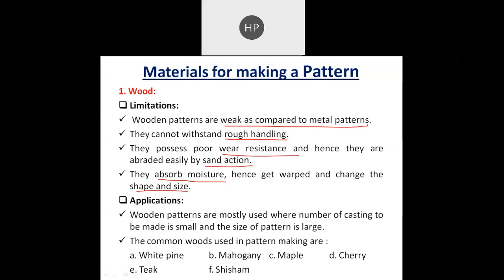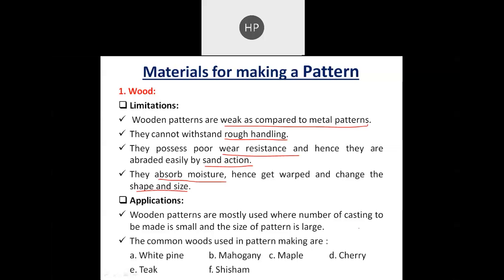So obviously some amount of moisture will be absorbed by the wood, and its shape may change. That is another limitation of wood, but still wood has very good advantages, so that in most of the pattern making we are using wood.